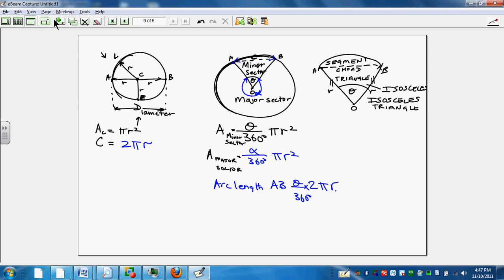Okay? And to find the area of the segment, what we'd have to do is to find the area of the sector and minus the area of the triangle from it. That's how we get the area of that segment. So if we wanted to get the area of the segment on top, right, which is this area here, all we do is say area of the segment will be equal to the area of the sector, take away, or subtract, the area of the triangle.